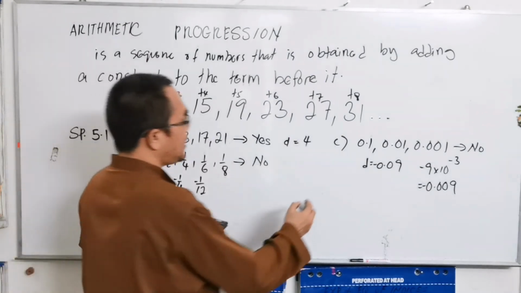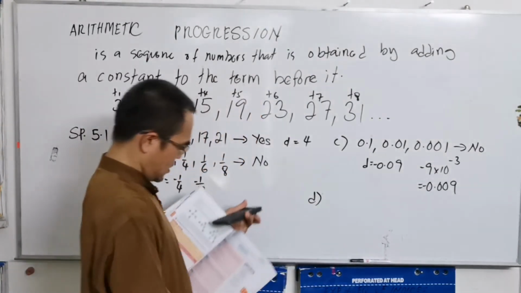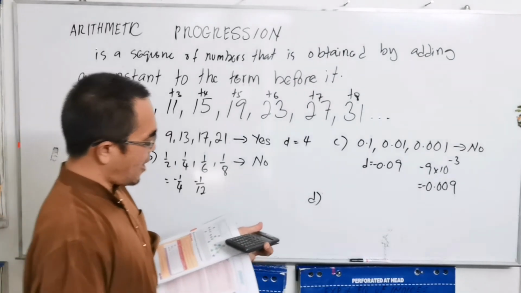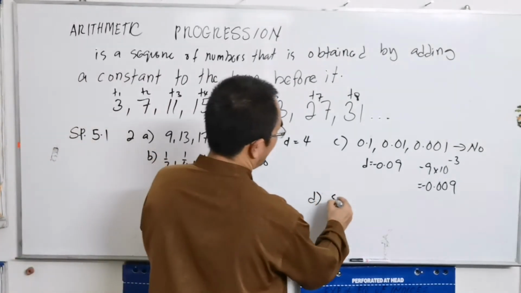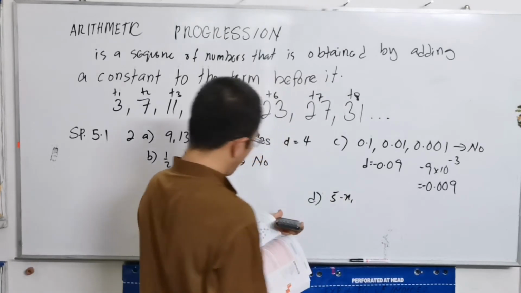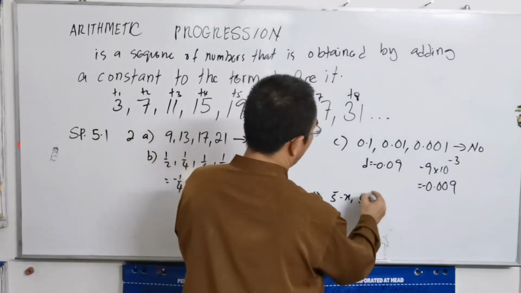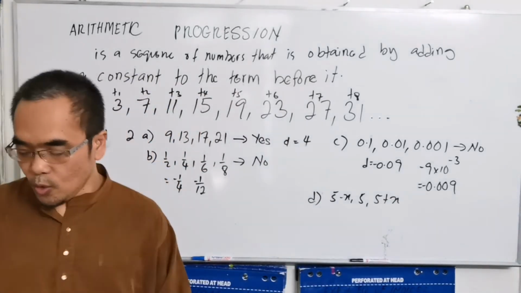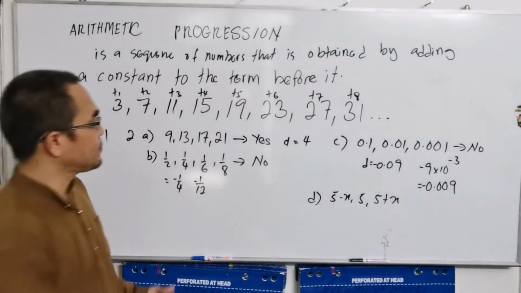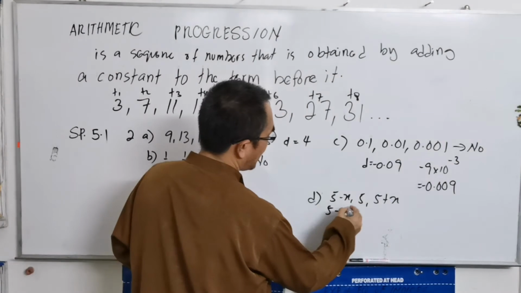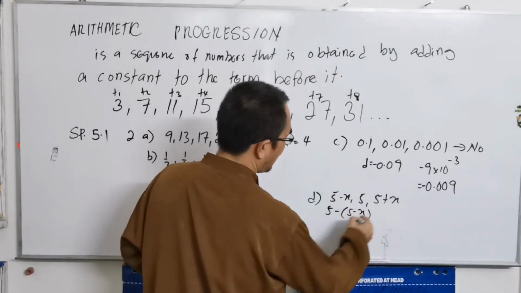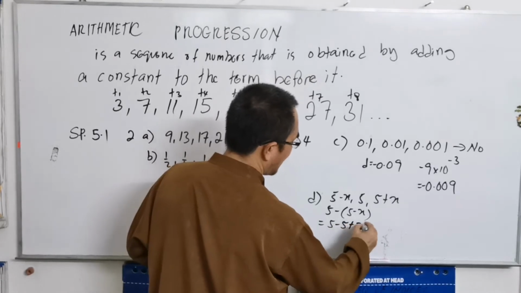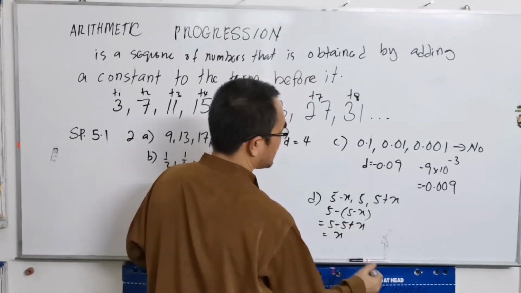And how about D? We have here 5 minus x, 5, and 5 plus x. This one I do not know. Let's test. 5 minus (5 minus x) will be 5 minus 5 plus x, which is x.